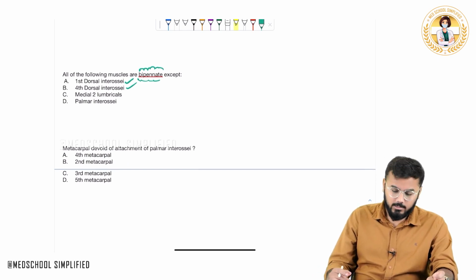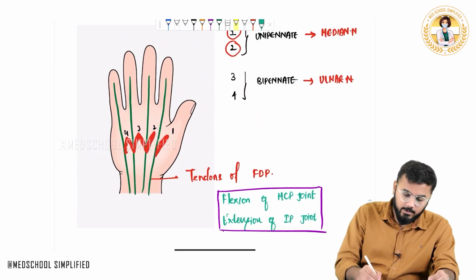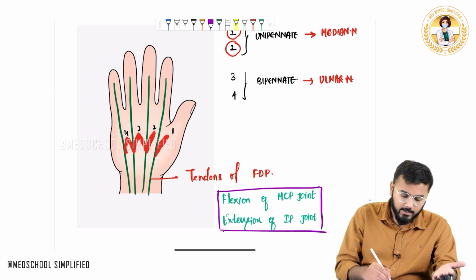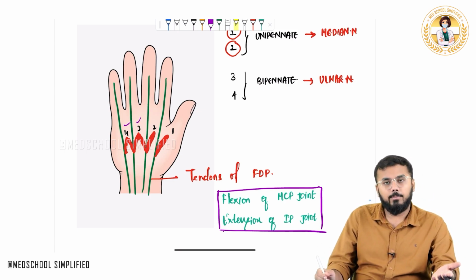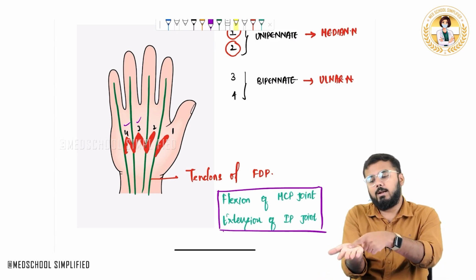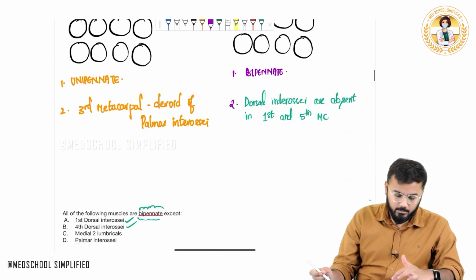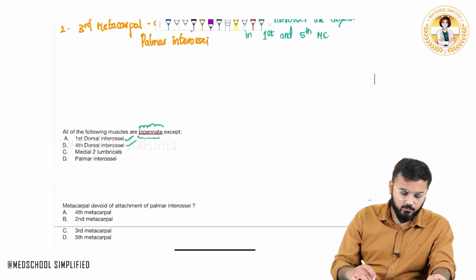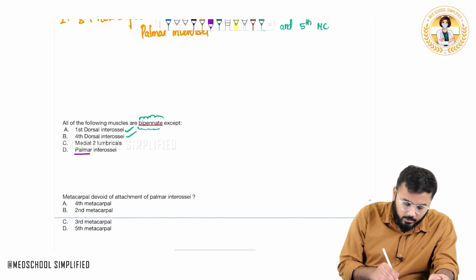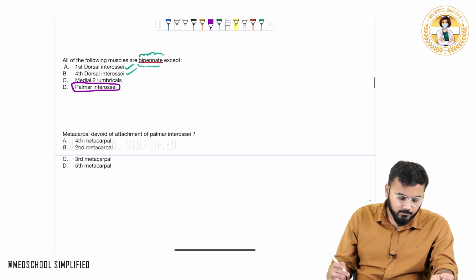Medial to lumbricals: the medial 2 lumbricals are 3 and 4. 1 and 2 are lateral, because look at the anatomical position. So, 3 and 4 are bipinnate. So, the answer would be palmar interossei, because all the palmar interossei are unipinnate. Okay.